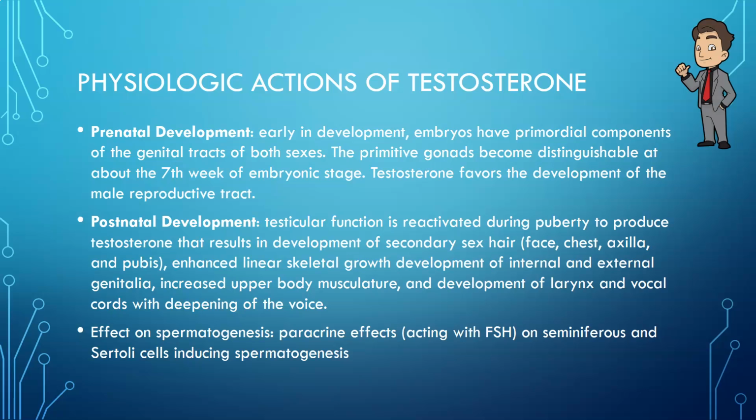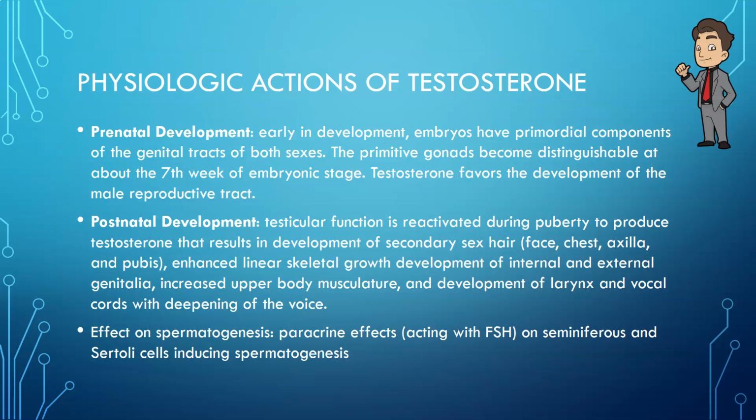So the hair on the face, chest, axilla, which is armpit, and pubis area, the enhanced linear skeletal growth, so they get taller pretty fast, and the development of internal and external genitalia, and increased upper body musculature, so the boys develop more muscles, and the development of the larynx and vocal cords with the deepening of the voice. So again, the appearance of all these male features are driven by the presence of testosterone during puberty.